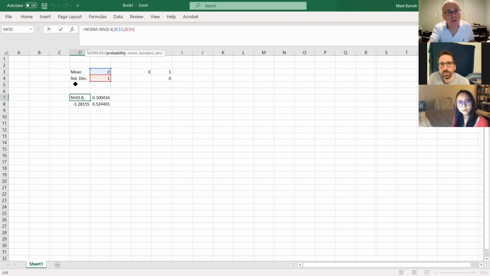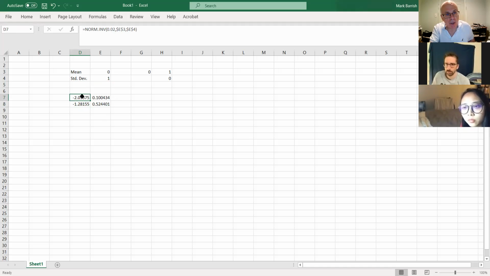So it's going to be 0.02 here. There's my z right here, negative 2.05375, this number right here. All right, forget about these here. This number here is the z where that's the second percentile. All right, negative 2.05375. All right, let's go back to the solution page.